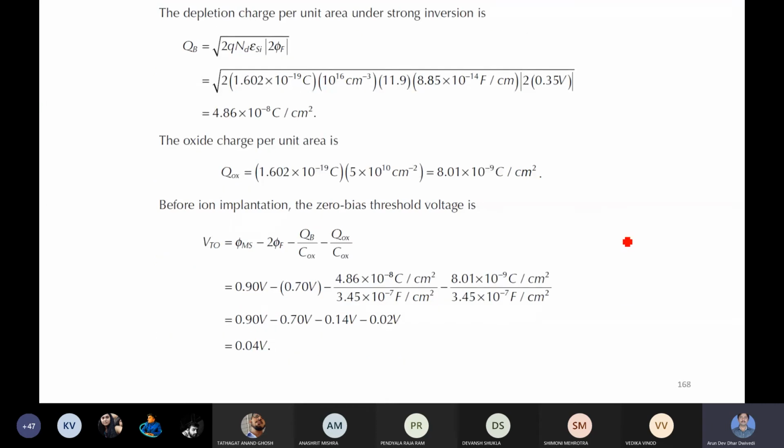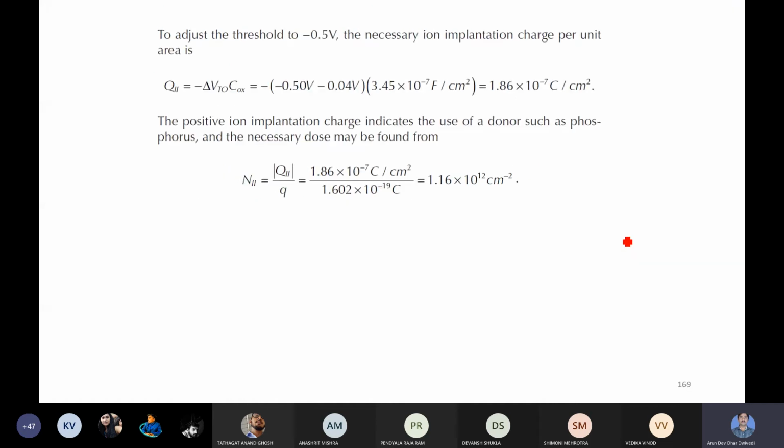This is the adjustment, and finally this change of threshold voltage, if delta Vt0, then Q is related by this relation: Q, the ion implanted charge, is equal to minus delta Vt0 into Cox.